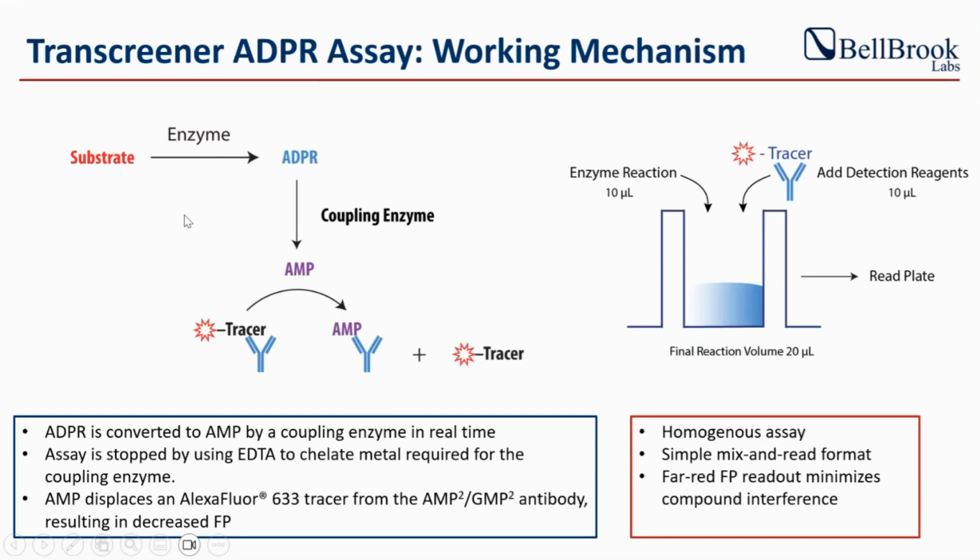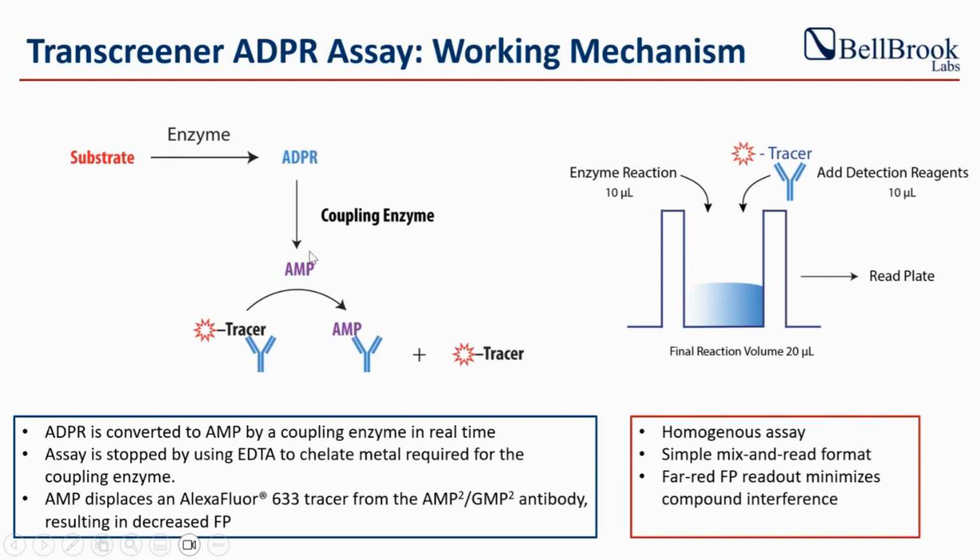So here is where Bellbrook comes in. We want to aid drug discovery for those ADPR producing enzymes, so we developed the Transcreener ADPR assay. Here I want to talk about how the assay works. As the target enzyme produces ADPR, we use a coupling enzyme to convert ADPR to AMP for detection.